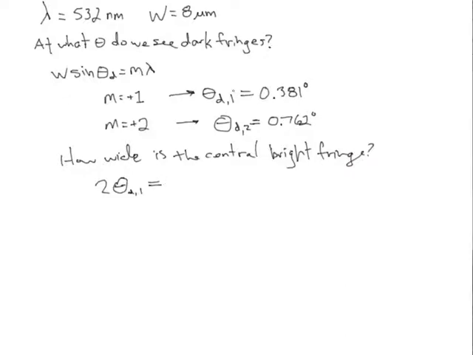Again, because it's symmetric, these two dark fringes occur at the same angle on either side of the bright fringe. We could just multiply that theta dark 1 times 2, or we can also go through and use our original equation for finding that, 2 times lambda over W.